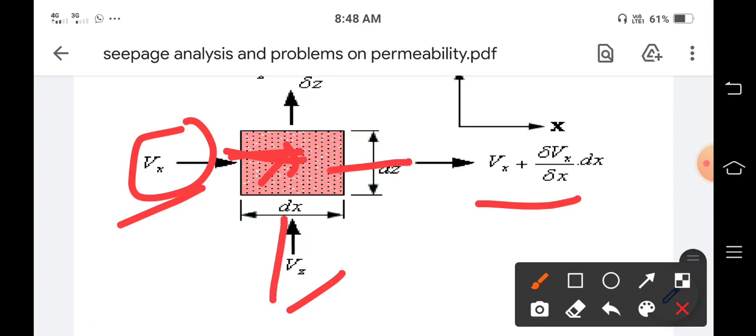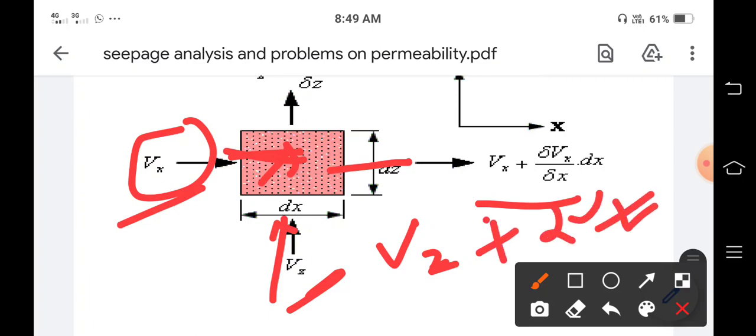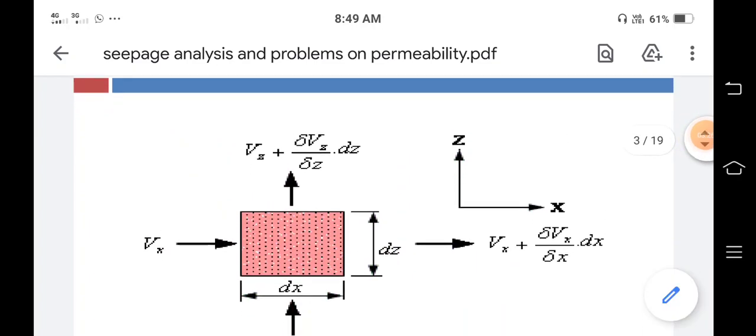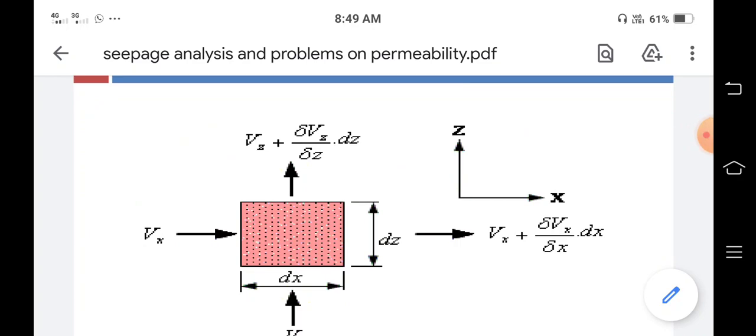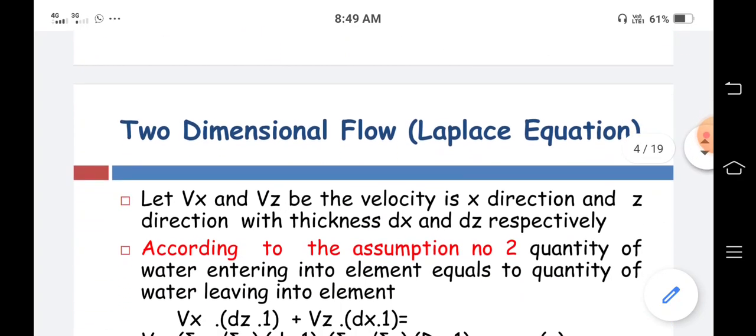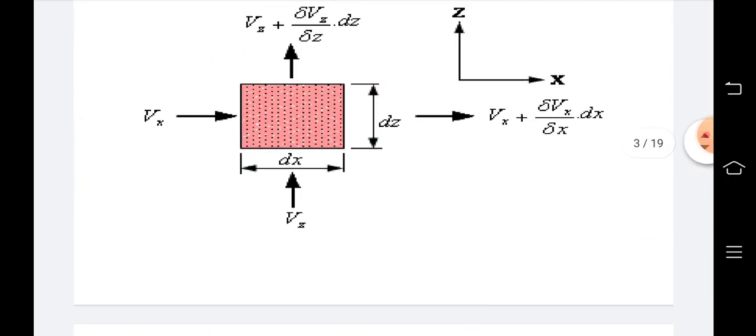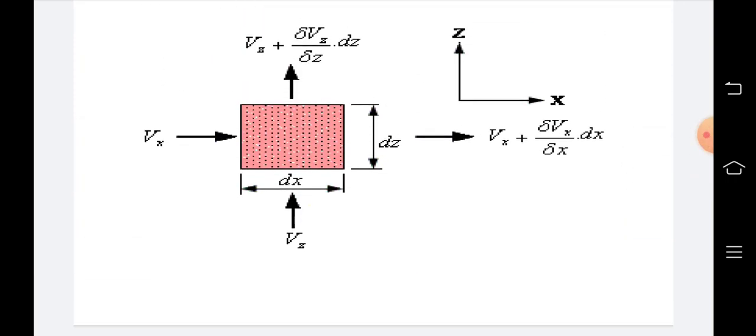Similarly, for the second direction, when the water enters the element, the velocity will be Vz, and when it leaves the element, the velocity will be Vz plus (delta Vz upon delta z) into dz. The thicknesses of the section are dx and dz.